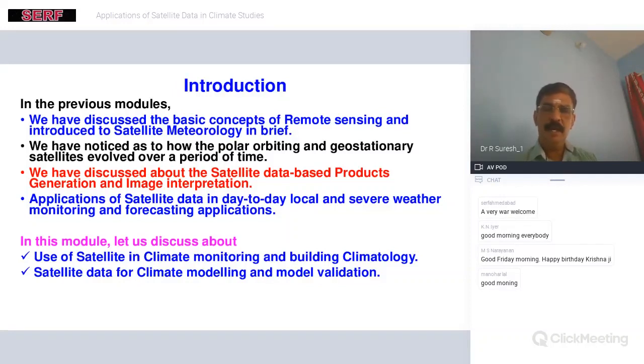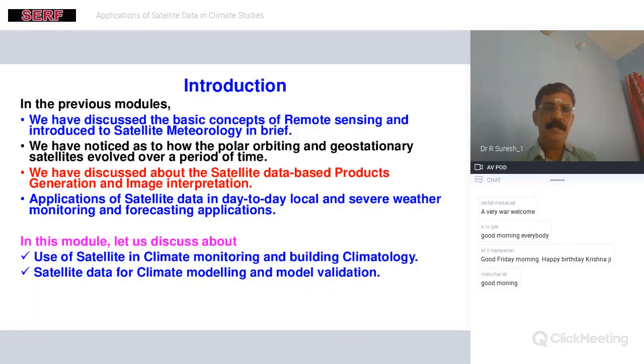In the second module, we saw how over a period of time the polar orbiting and geostationary satellites evolved. In the third module, we saw the satellite data-based products and their generation, and how to interpret those products and imageries derived from the satellite data.